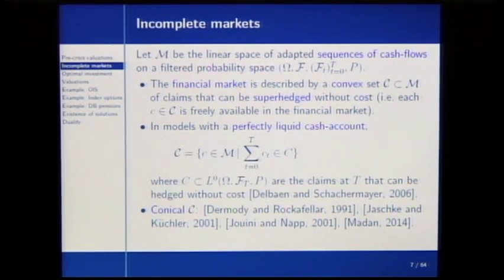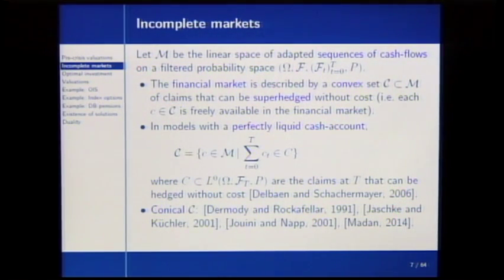And that's what you see, for example, in the Delbaen and Schachermayer book or the Föllmer and Schied book, which start by assuming that there is a cash account. More general models have been studied by Dermody and Rockafellar, Jaschke and Küchler, Jouini and Kallal, and Madan, where they looked at more general sequences, or they looked at the space of sequences of cash flows without assuming the existence of a cash account.